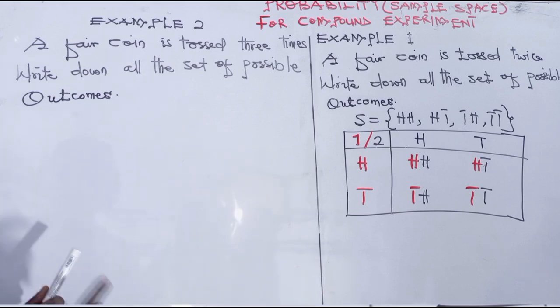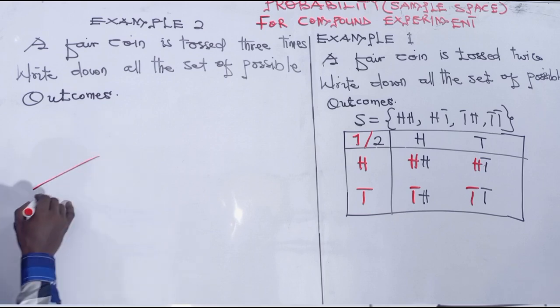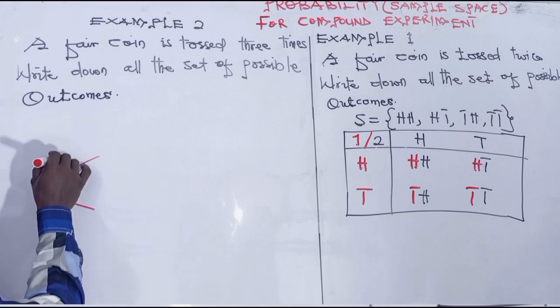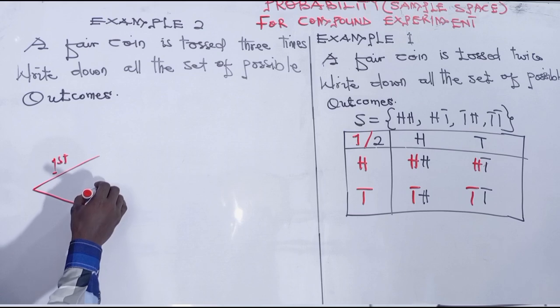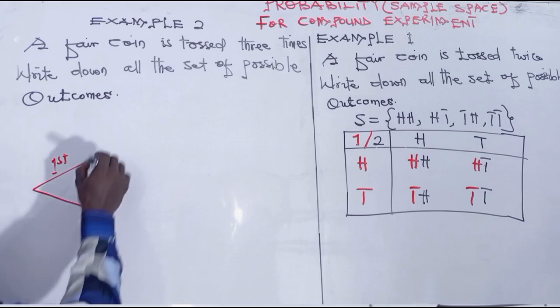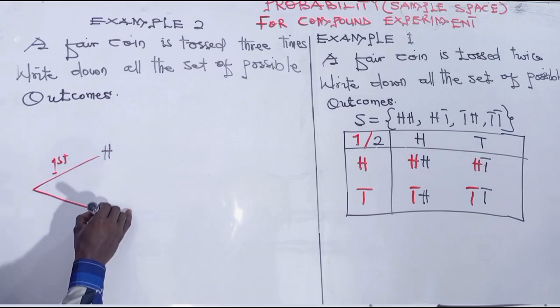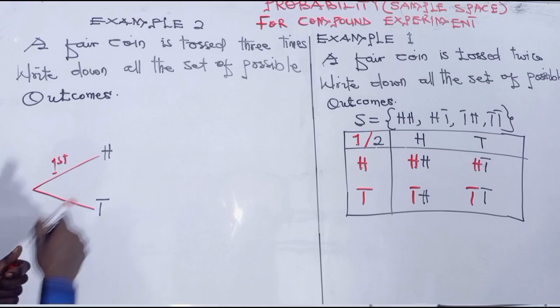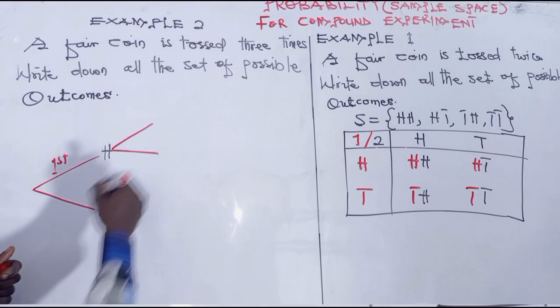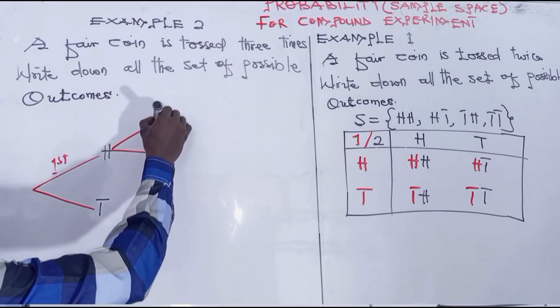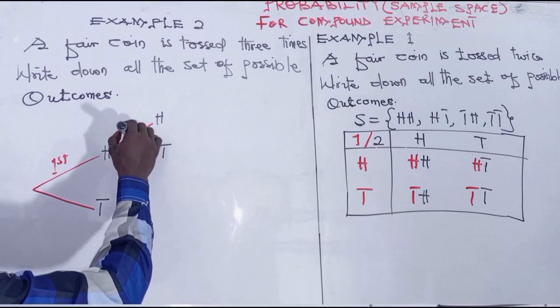So we are saying that a coin is tossed 3 times. On the first toss, we are going to have what? A head and then a tail. On the second toss, we are going to have the head and then the tail. So this is the second toss.